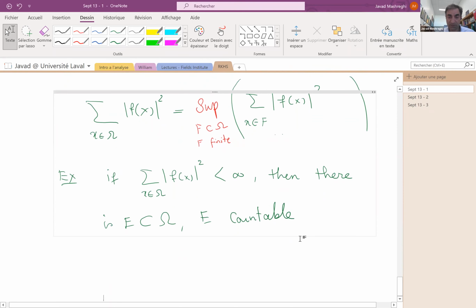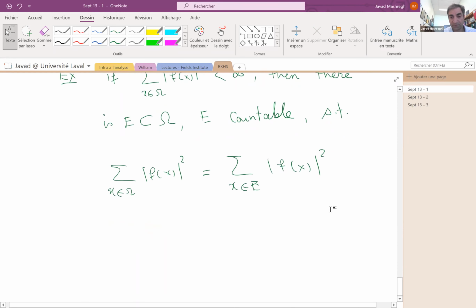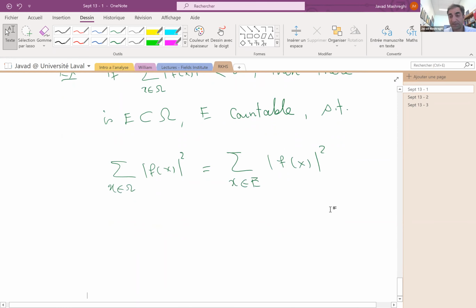So it's a countable set such that the sum over x in Omega of the absolute value of f of x squared is the same as the sum over x in E of the absolute value of f of x squared. And the advantage of the second one, x in E, is that it's countable.